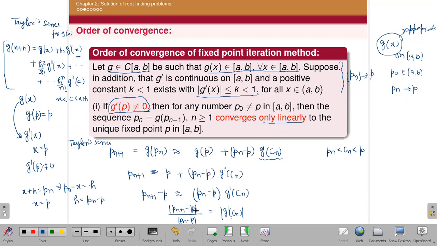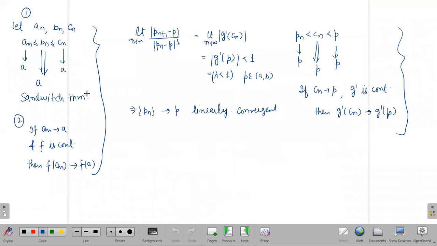Now from the definition of the order of convergence, if you find its limit and if it is lambda, which is less than 1, then you will say it is linearly convergent. So now our aim is to find this limit only. Here I have used these two results.